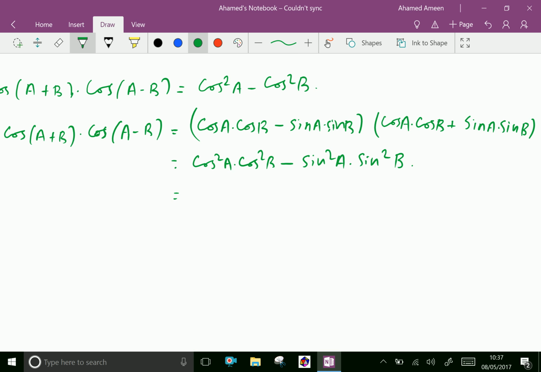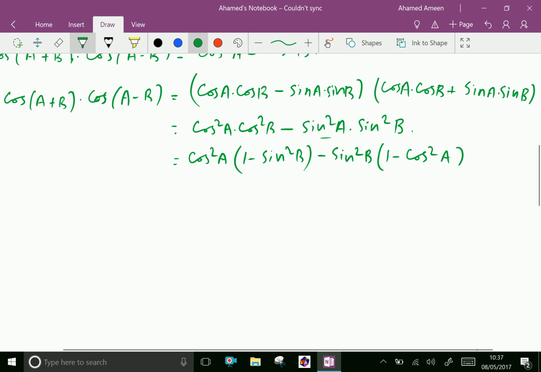Alright, cos squared a as it is, then instead of cos squared b we can write as 1 minus sin squared b, minus, alright, sin squared b as it is. Then instead of sin squared a, we can write as 1 minus cos squared a.